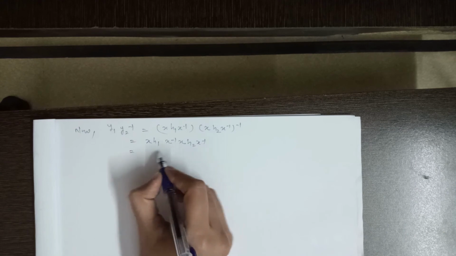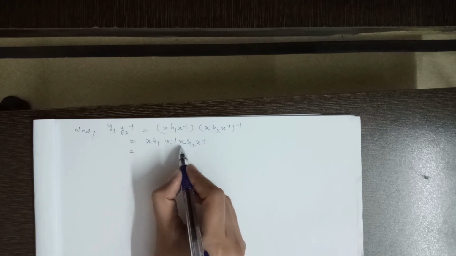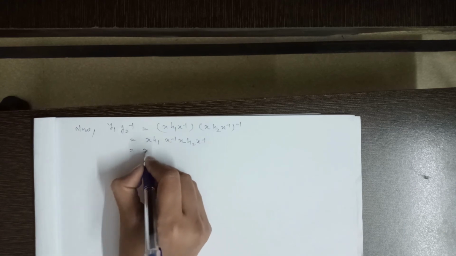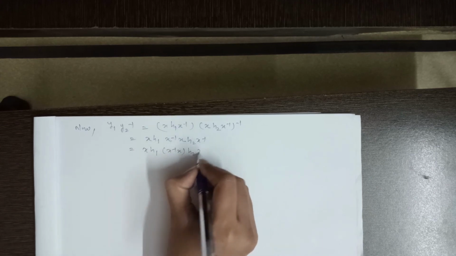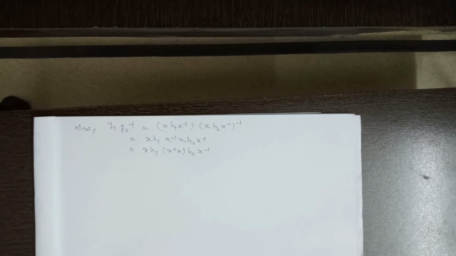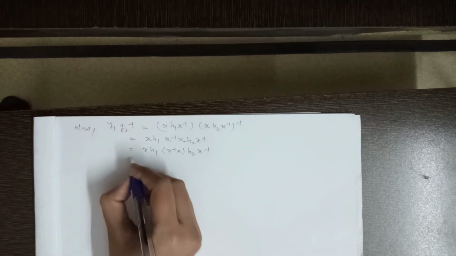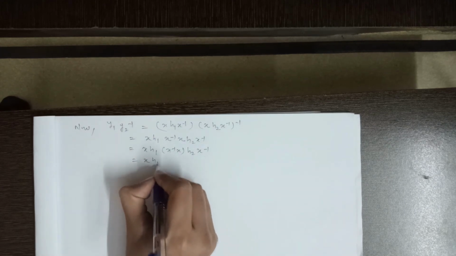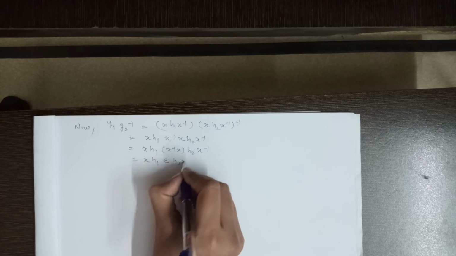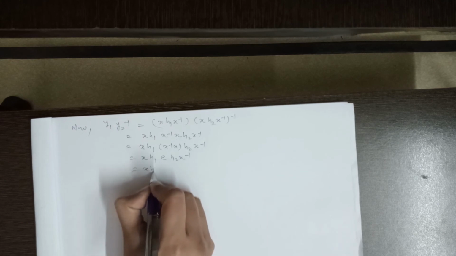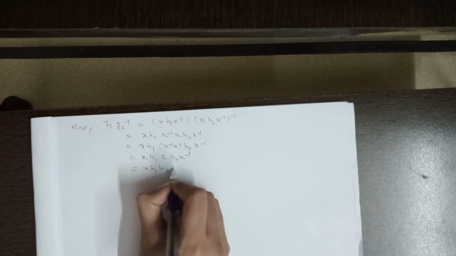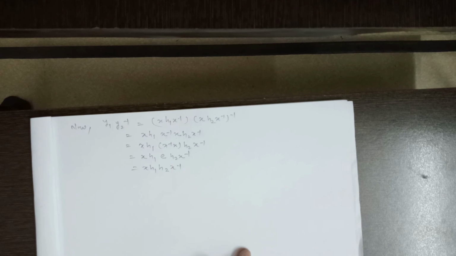Okay, so no need to worry about this. So this is a complete one. Instead of x inverse x, h1 x inverse x h2 x inverse, we can write identity: h1 e h2 x inverse. Then identity means nothing, so we can write it as h1 h2 x inverse, right?